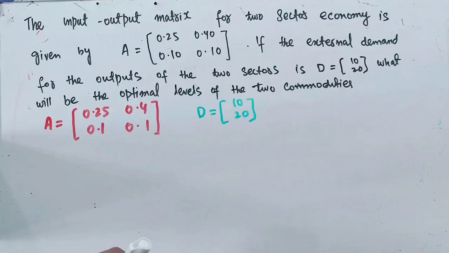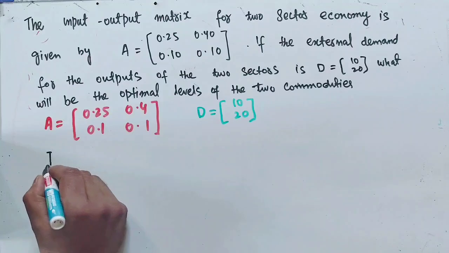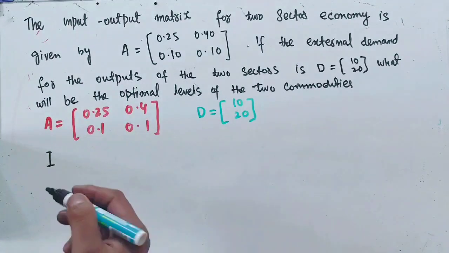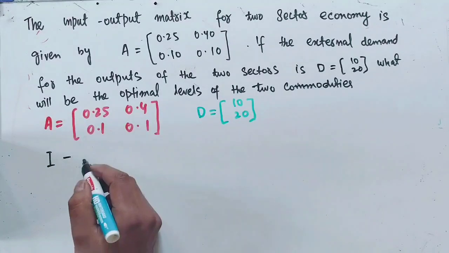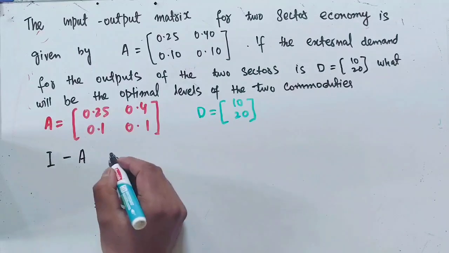The first thing we do is form the Leontief matrix. The Leontief matrix is formed by writing the identity matrix minus the technology coefficient matrix, that is A. This will be our Leontief matrix.